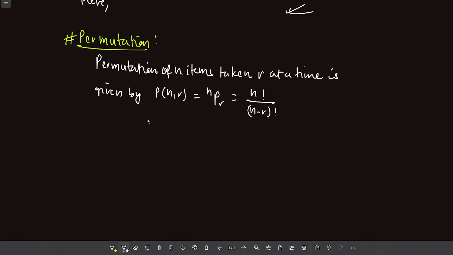And at what condition should permutation be applied? Can you identify the question where we should apply permutation and where we should apply a combination? The question will not state whether you should apply permutation or combination, so you need to identify by yourself. What are the cases for permutation?